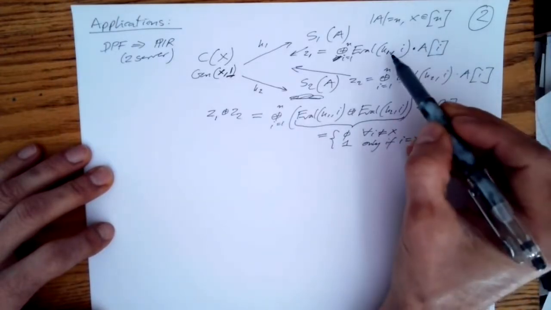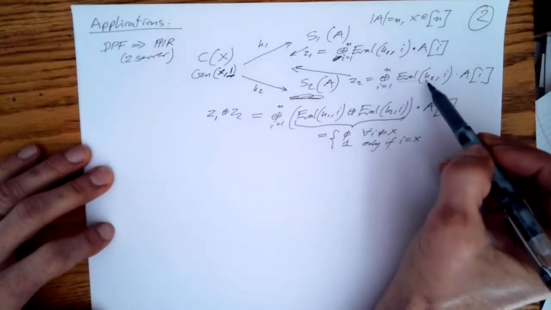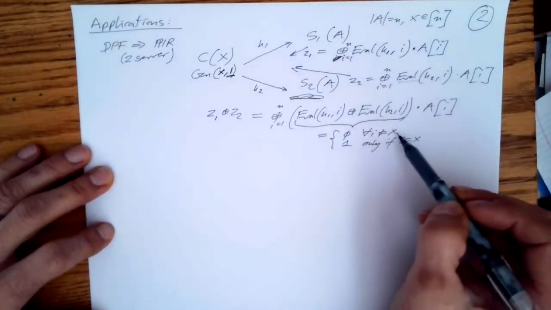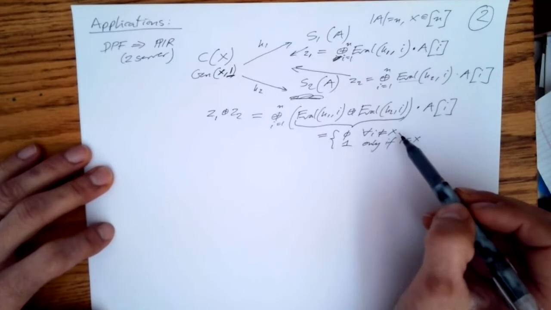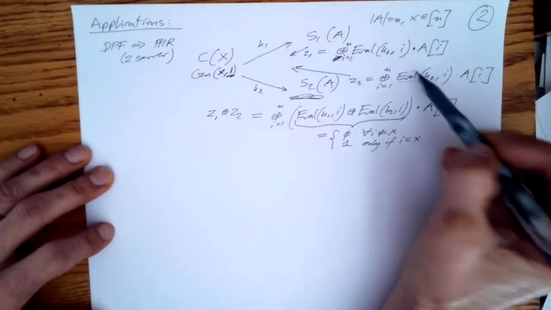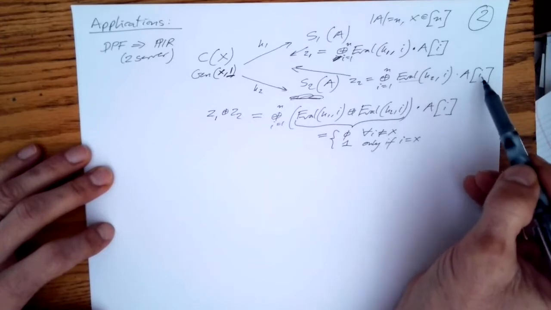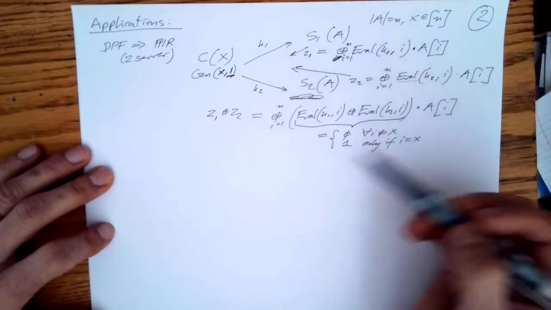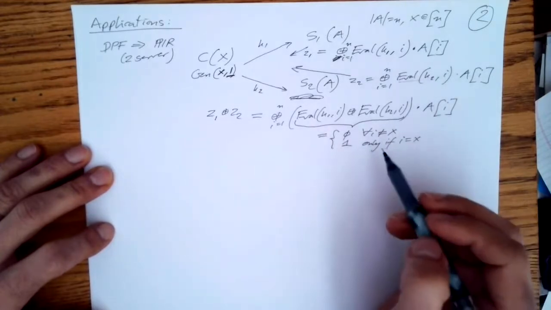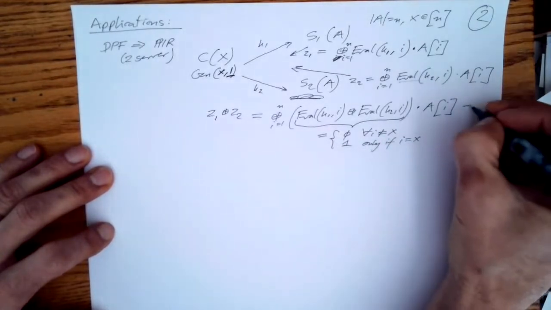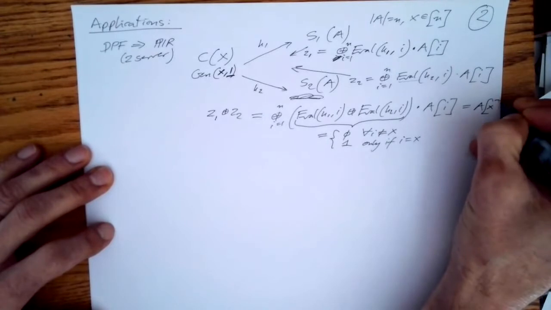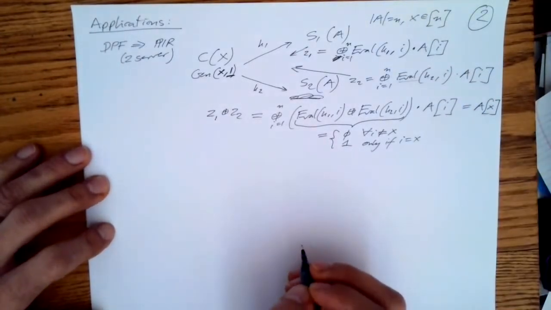The only place where they differ is position X. Because they are bits, one of them is a 0 and the other is a 1, or vice versa. So that entry is going to enter into the equation, and it will be the only entry that is not crossed out. So this would be equal to A_X.